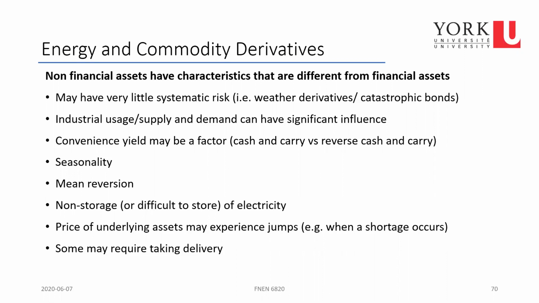They're forced to offset their long position, meaning they have to short it before maturity of the futures contract to avoid taking delivery, and that forces the price of the crude oil futures to go negative.